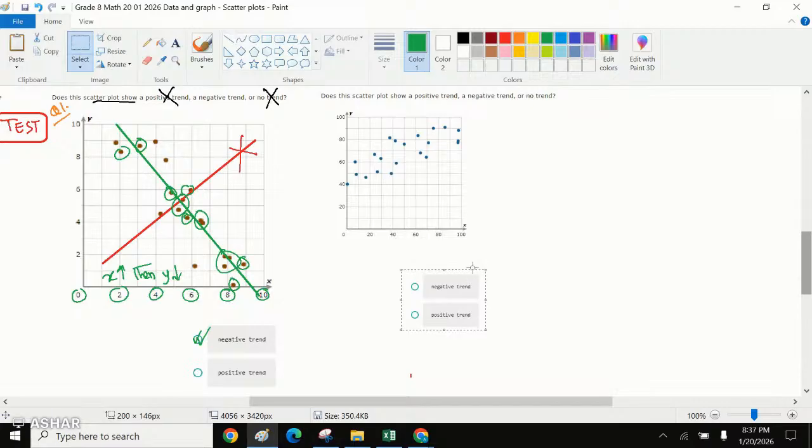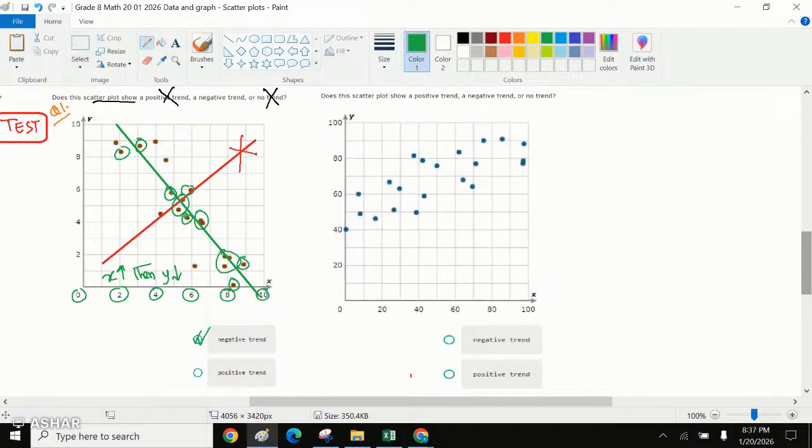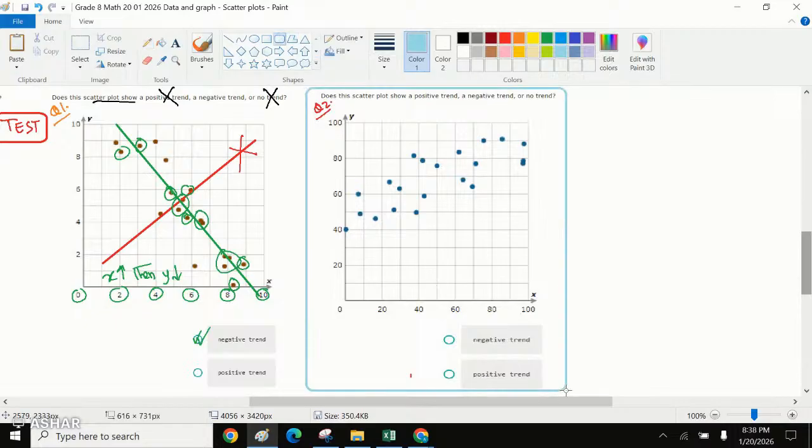Let's see what kind of answer we can have. For this given question, question number 2, we need to find the trend. Can you help me out? I want you people to answer.